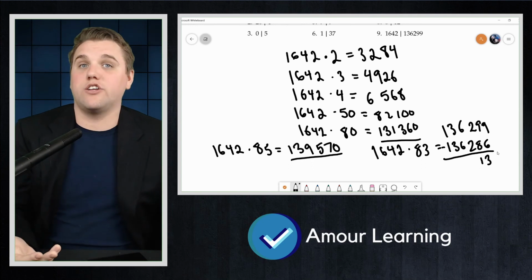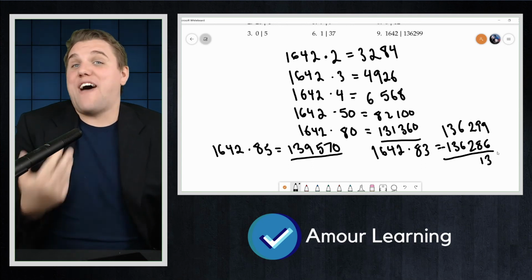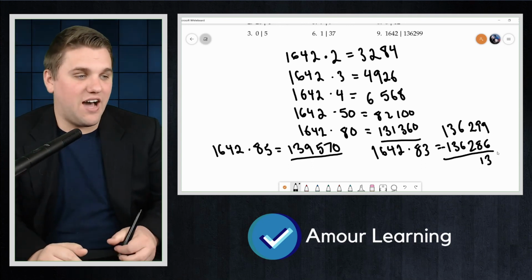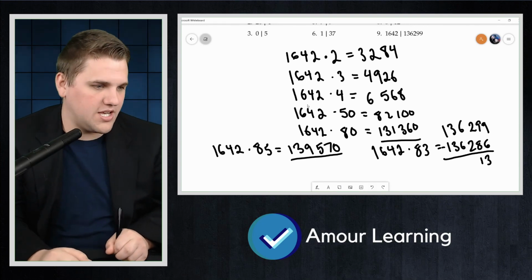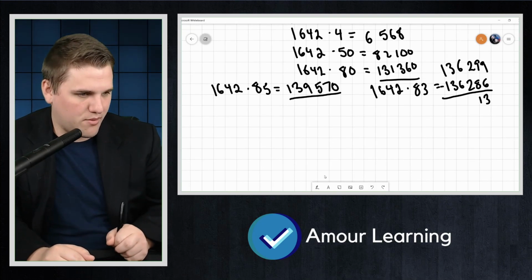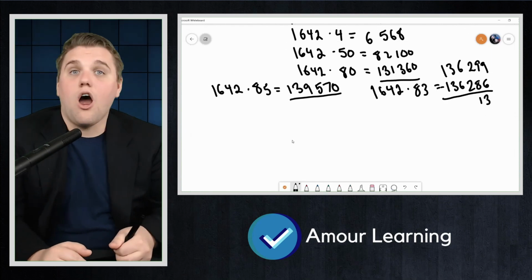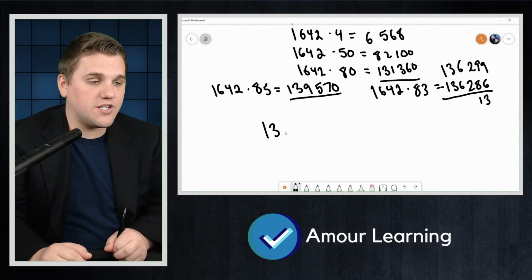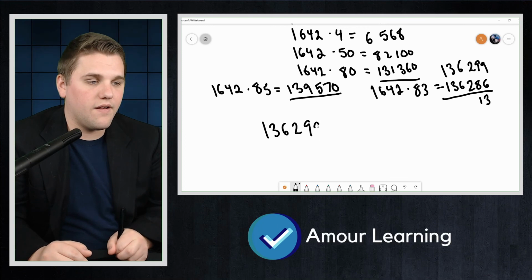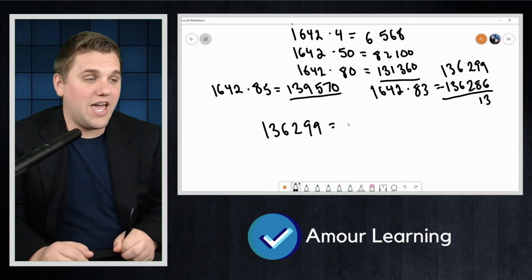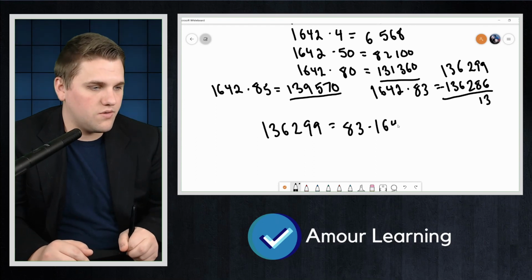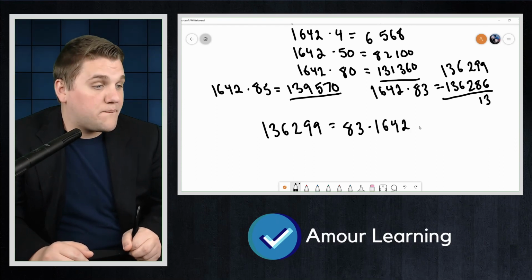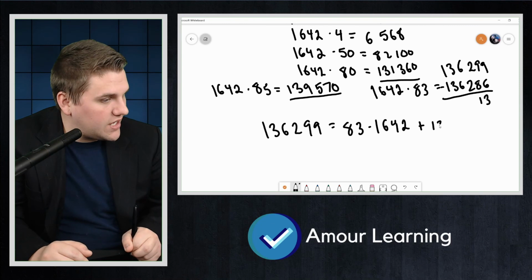That will be too much. In other words, we found that, let me give myself a little bit of room so that you all can see properly, 136,299 is 83 times 1,642 plus a remainder of 13.